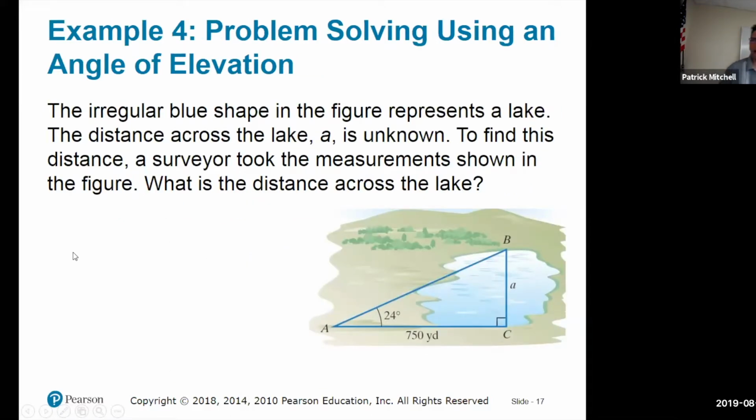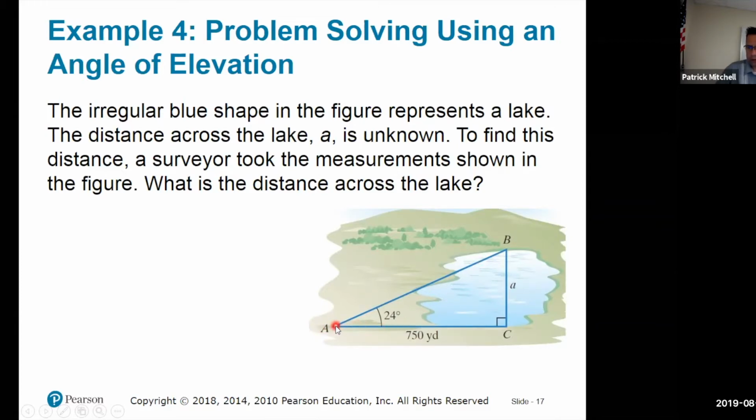Okay, so this business with right triangles, right triangle trigonometry comes in really handy for this kind of problem. So the irregular blue shape in the figure represents a lake. The distance across the lake, A, which you see right here, is unknown. To find that distance, a surveyor took the measurements shown in the figure.